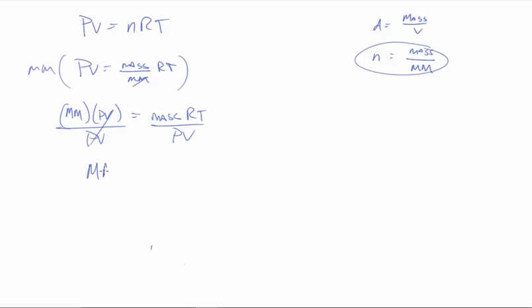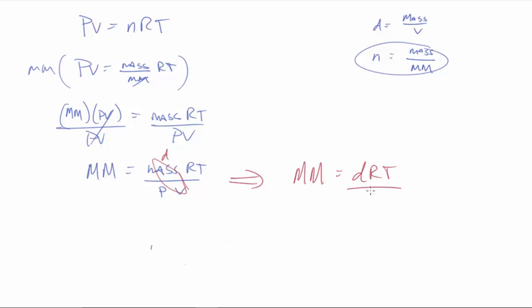And this is where we're actually going to start working. So I've got mass times RT divided by pressure times volume. Well, if you recognize this relationship here, that's actually my density. And so what this relationship becomes is that the molar mass of a gas is equal to the density times my gas constant times temperature divided by pressure.